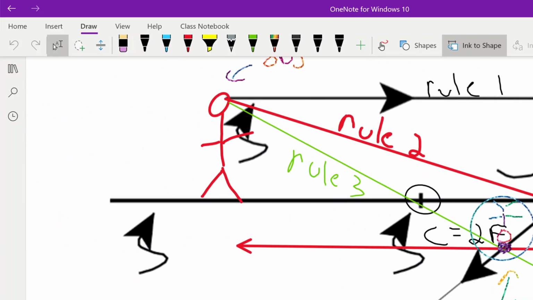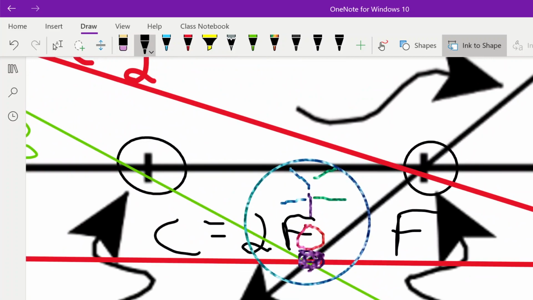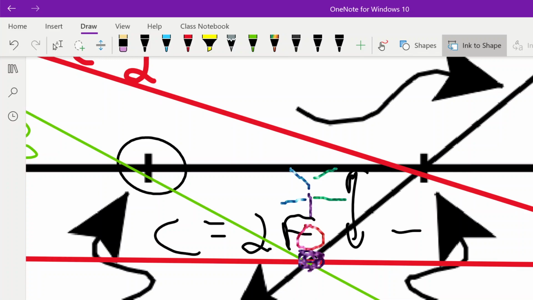The height of the object here is ho. Way down here in this tiny little image, the height is hi, the height of the image. I'll use green.